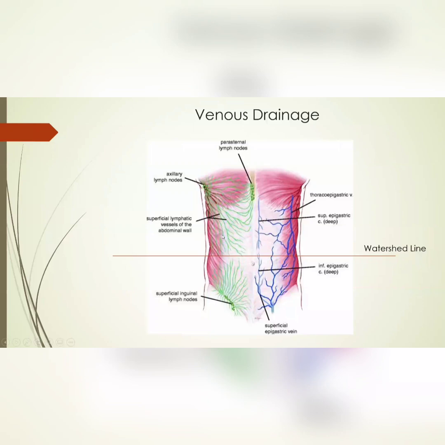Because the lymphatic drainage is into different sites, superior and inferior to the umbilicus, the region of umbilicus is called the watershed line. Watershed means a demarcation between two rivers. So umbilicus is known as watershed line regarding the lymphatic drainage.